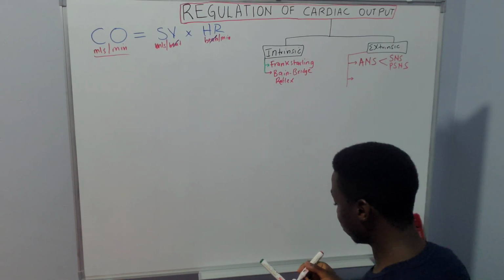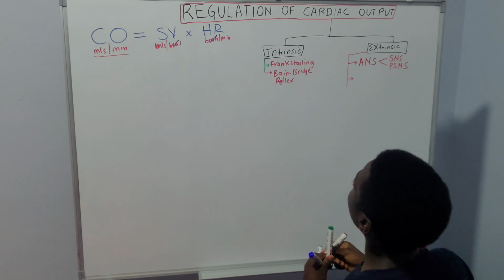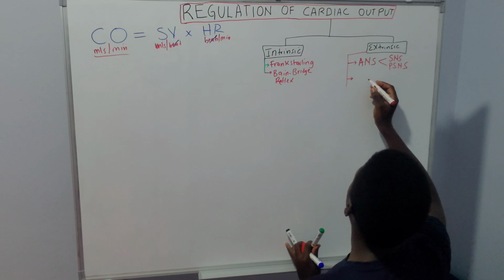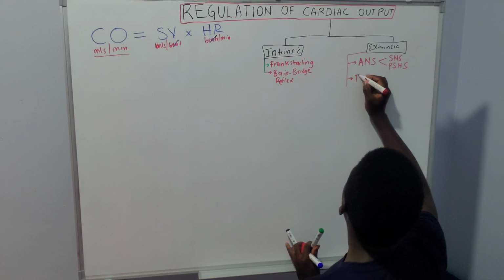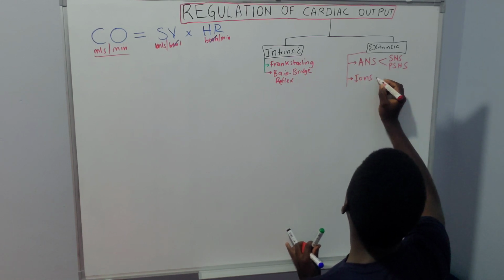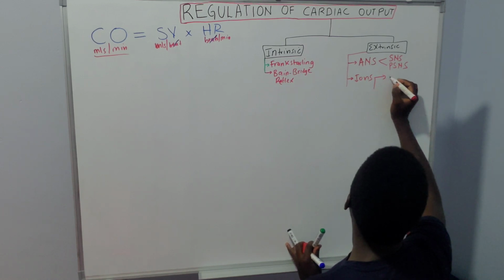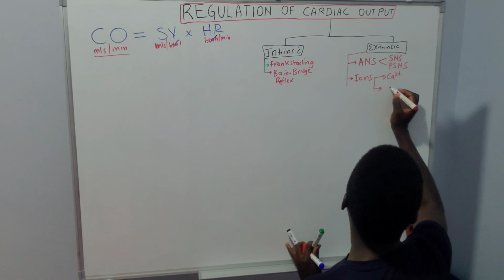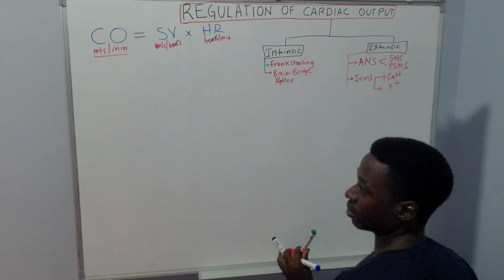Different ions can modulate the ability of the heart to pump this blood in a minute, okay. Most commonly we have an influence by the calcium ions and also the potassium ions, okay.